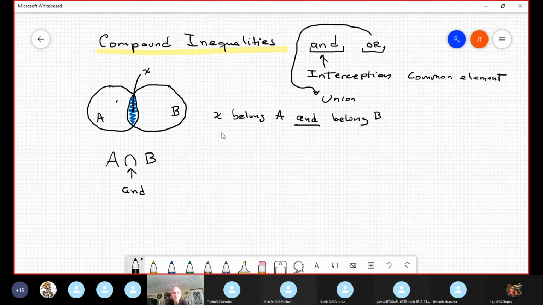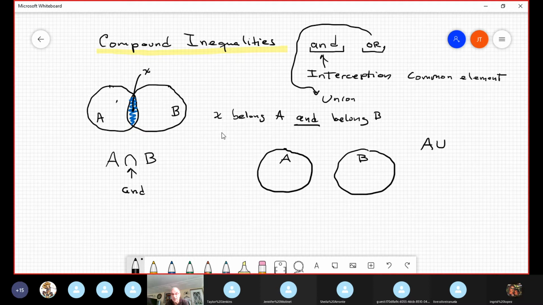What is the idea for the OR? Let me try to do it here. This is A, this is B. Entonces, I want to do the union. Union is A union B, like that. And union is both.